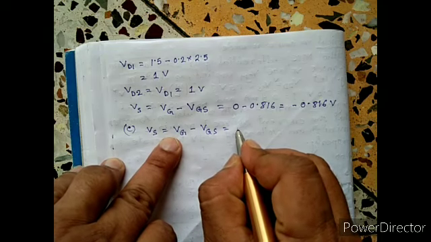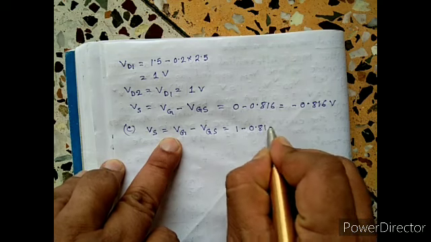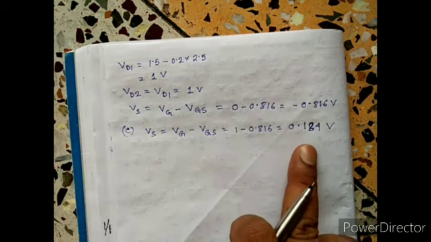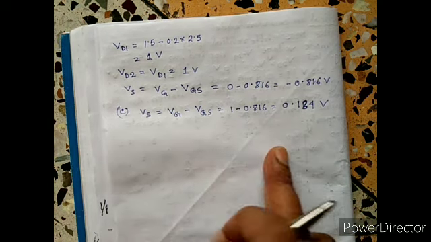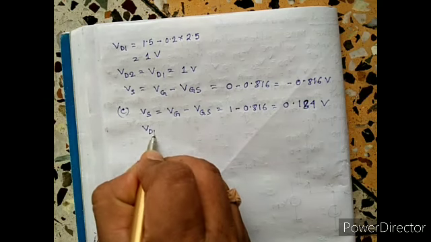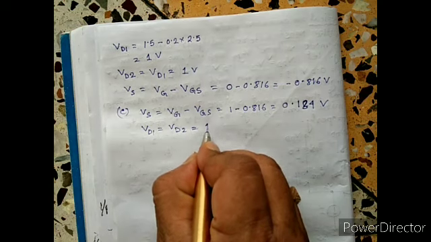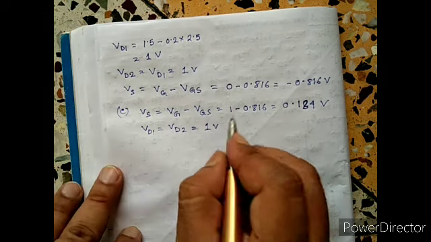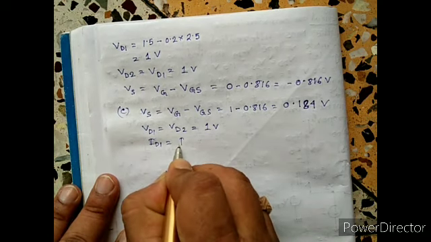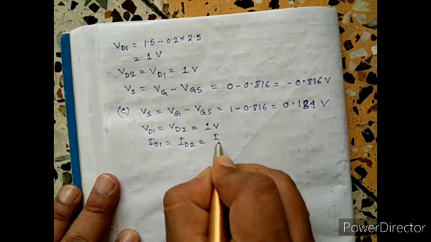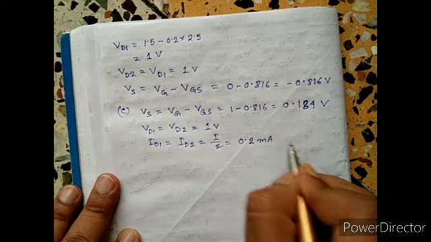So Vs equals 1 volt minus 0.816 volt, 0.184 volt, and VD1 equals VD2, you will get 1 volt using the same formula, and ID1 equals ID2, you will get I by 2, that is 0.2 milliampere.